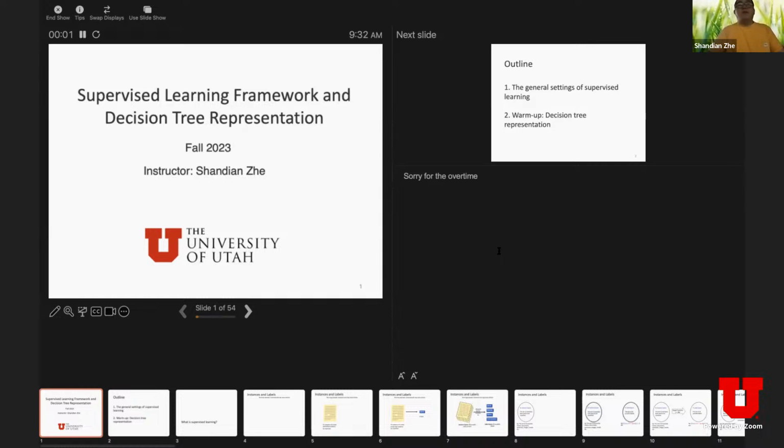That means you can regress your instance into some numerical, continuous value. For example, I want to predict the temperature tomorrow. This is a regression problem. I want to predict the price of my house, my real estate price. It's a regression problem. So you can see that the label space defines the type of problem.